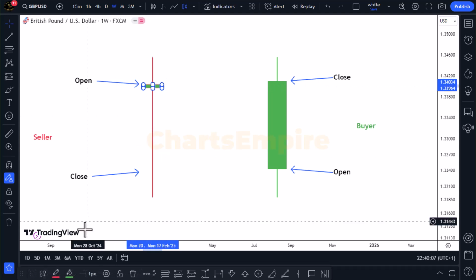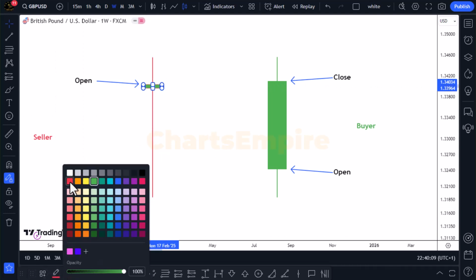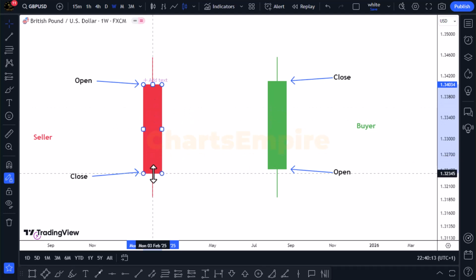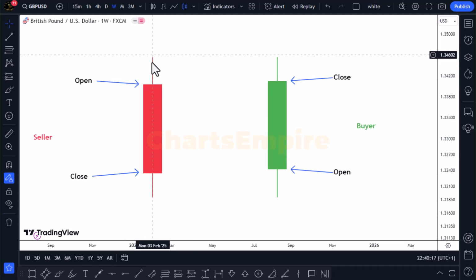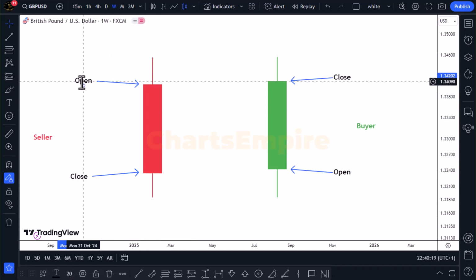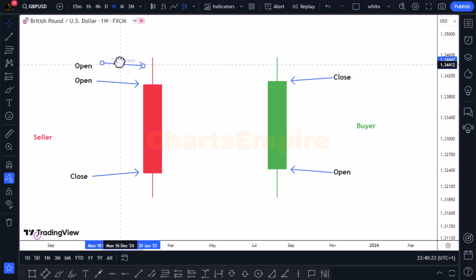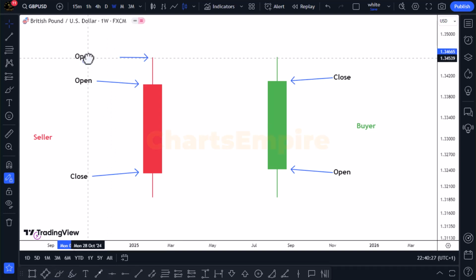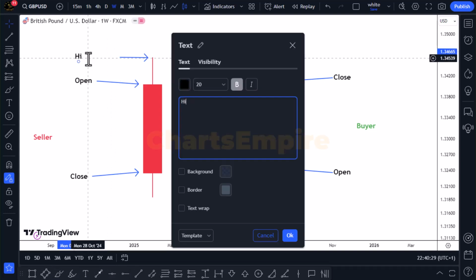Eventually the bears continue to push the price lower, and they close right here. This is what gives us what we call the high.